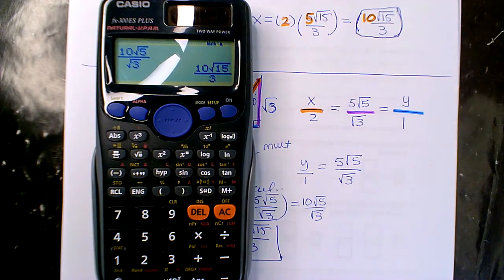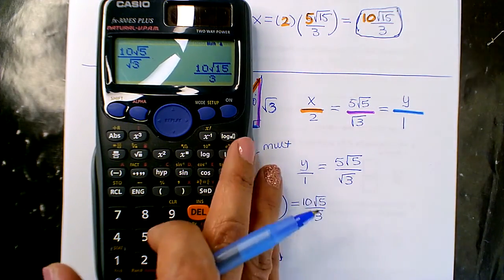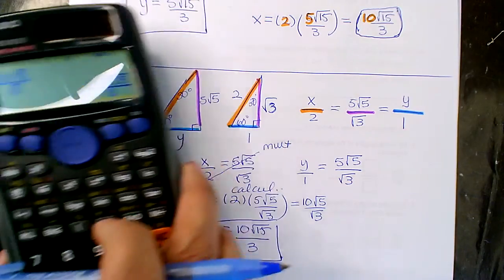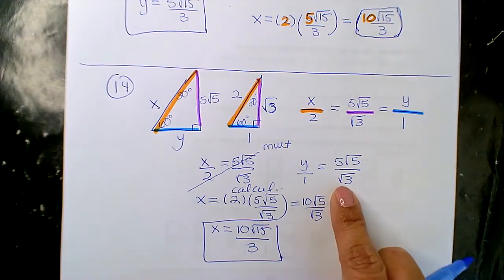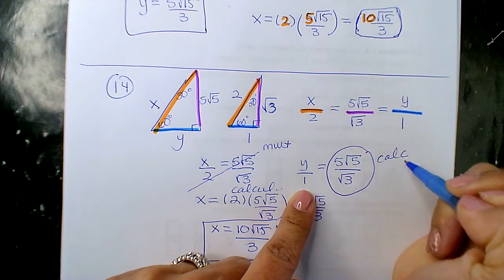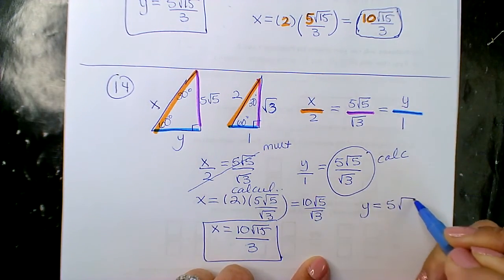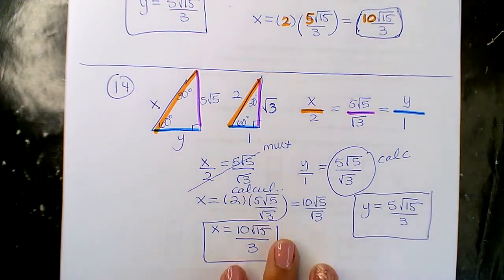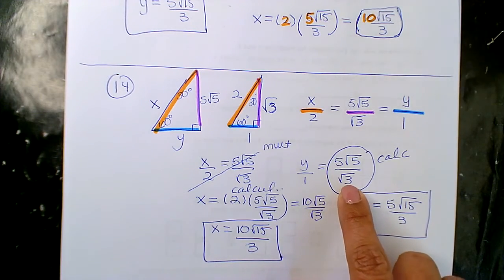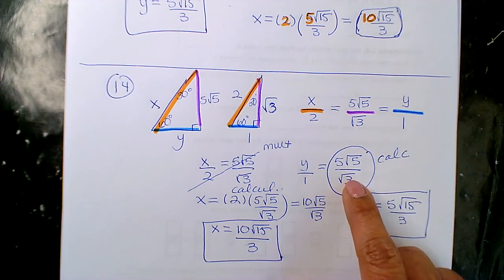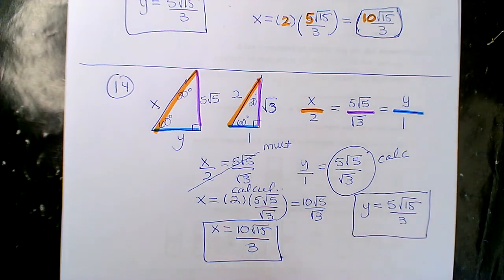How much mental math you want to do, it's up to you, and when you want to utilize a calculator, it's your preference. Okay, so then this one, notice it's a 1. So you just have to throw this into the calculator, and so it's going to give you 5 rad 15 over 3. So look, basically, if this number is a radical, it's going to multiply by the radical on top. So what's rad 5 times rad 3? 15. And then make this number an integer 3.